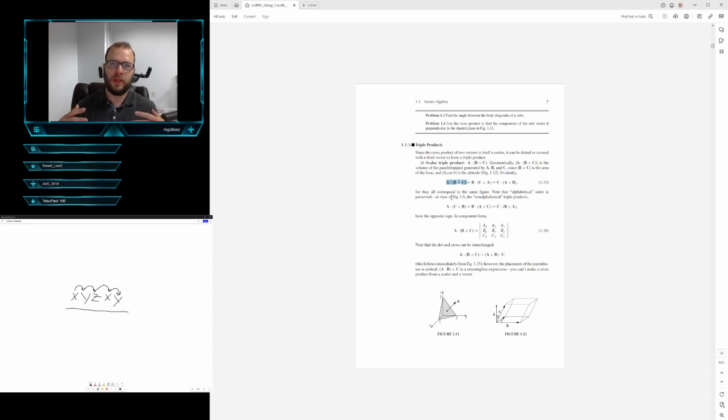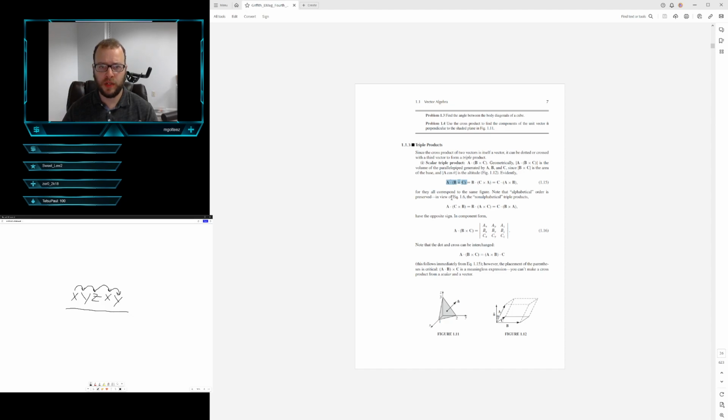One of the geometric forms of this is, like we said before, the geometric definition of a cross product is the area of a parallelogram that the two vectors create.